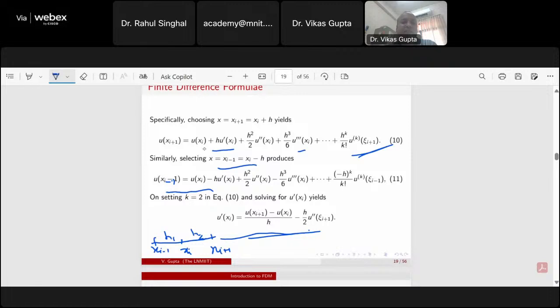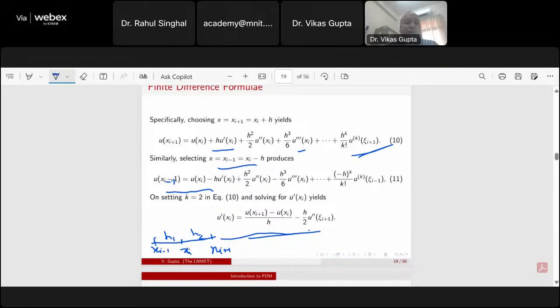So u(xi plus 1) will be equal to u(xi) plus h2 u prime xi plus h2 square upon factorial 2 u double prime xi plus h2 to the power 3 upon 6 u triple prime xi, and so on, h to the power k upon k factorial.